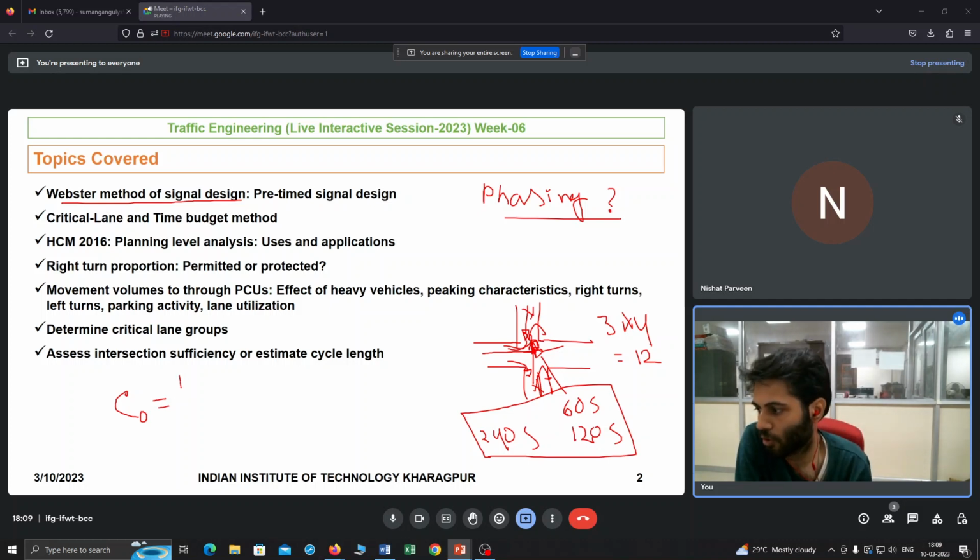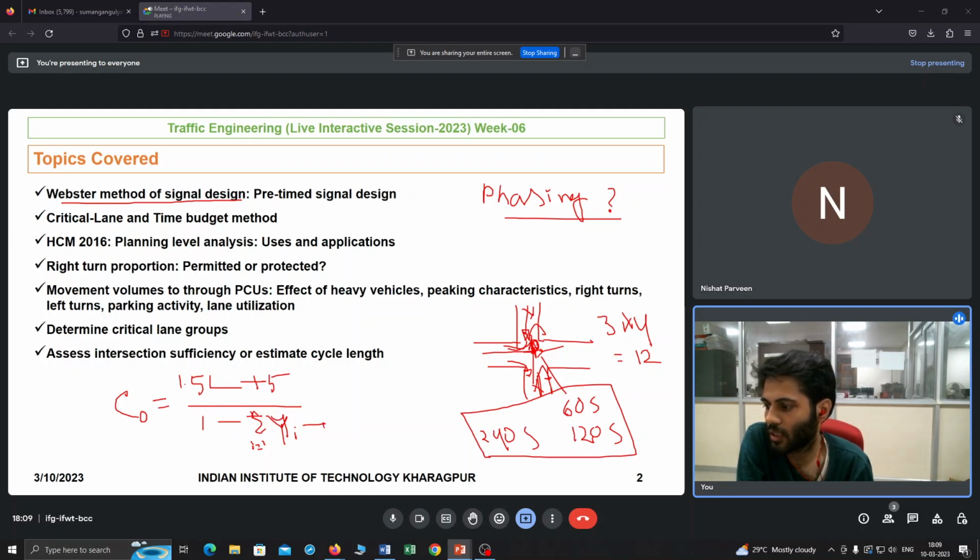So now suppose the formula is what? The formula is simple, 1.5L plus 5, I think, over 1 minus the summation of y. Here y means, i is the phase, i equal to 1 to n, if there are n number of phases. So it is obviously depending on the phase number, right?